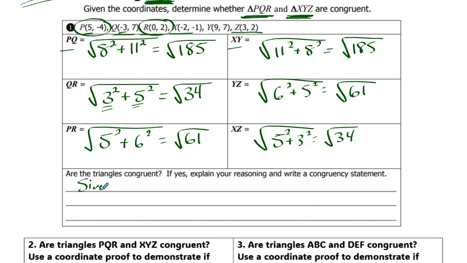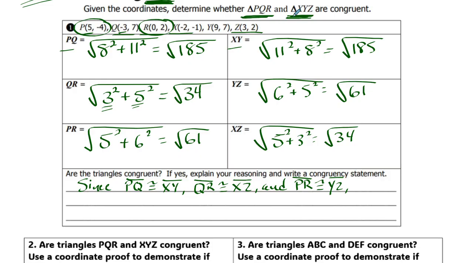So since PQ is congruent to XY and QR is congruent to XZ and PR is congruent to YZ, we could say that these two triangles are congruent.